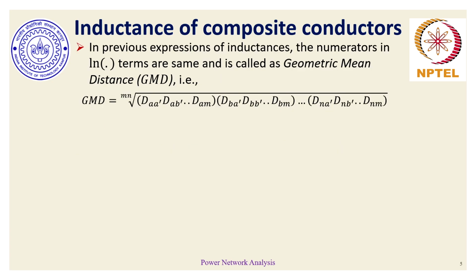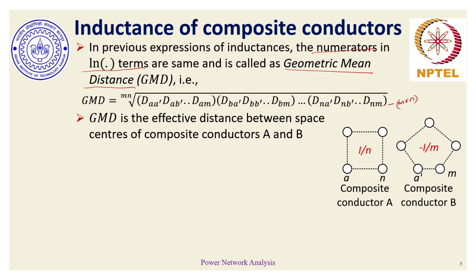In the previous expressions of inductances, the numerators in the natural log terms, as I mentioned, are the geometric mean of the distances. So we call them the geometric mean distance, in short GMD, which is the m into n-th root of the m comma n distances.